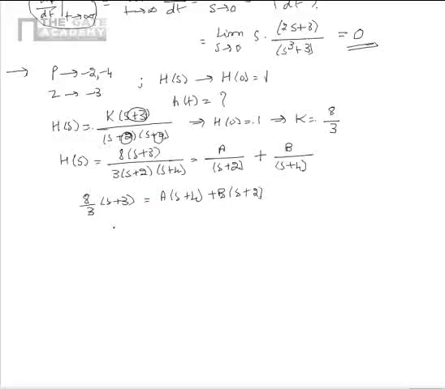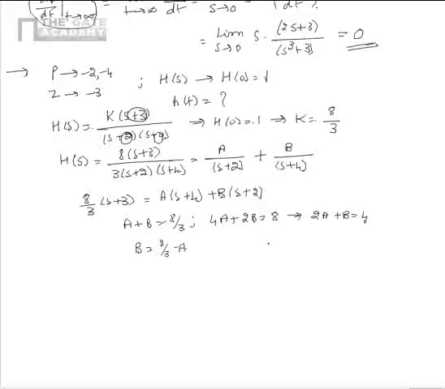Upon equating the terms corresponding to s and the constant term, we get that A plus B is equal to 8 by 3 and 4A plus 2B is equal to 8, which can further be simplified as 2A plus B is equal to 4.